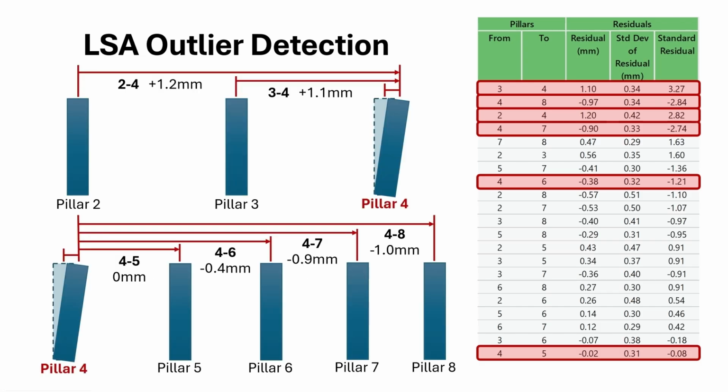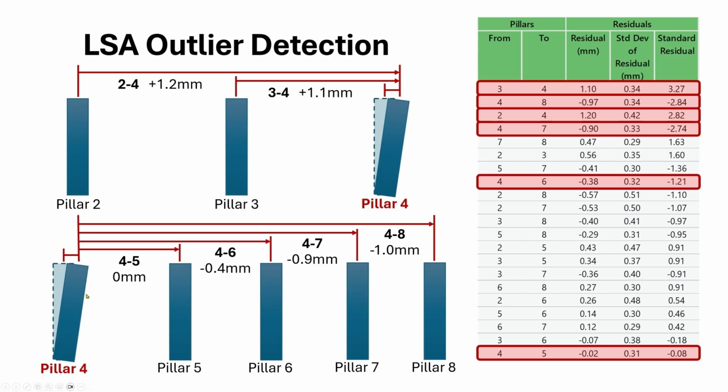So here's a visual representation of the pillars to help us decipher it a little bit better. From pillars 2 to 3, when measuring to pillar 4, we seem to see that these distances increase by around 1 millimeter.